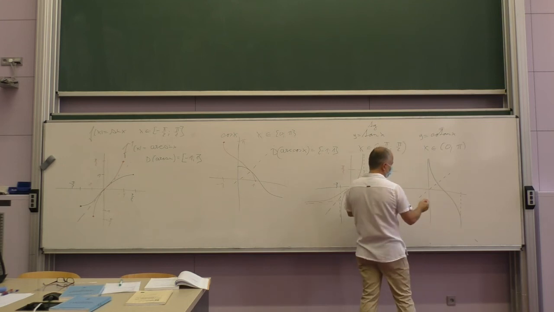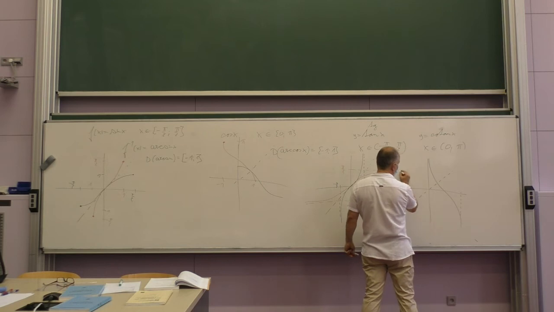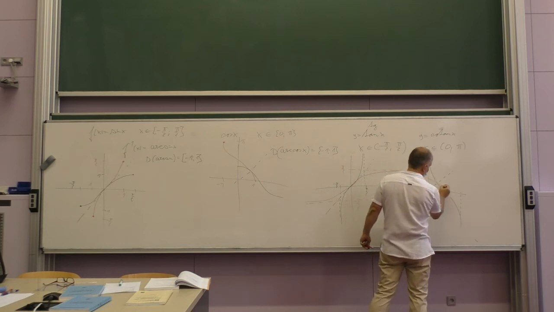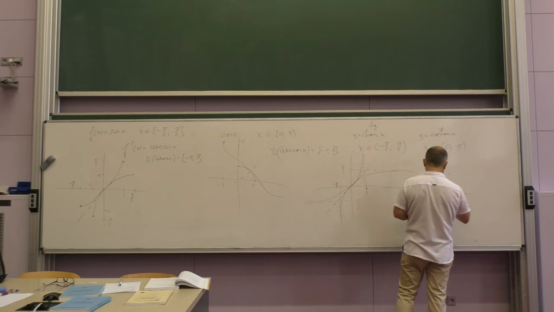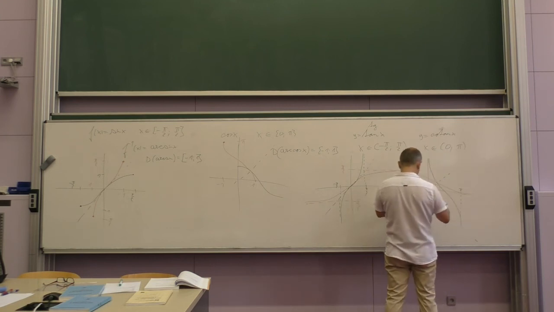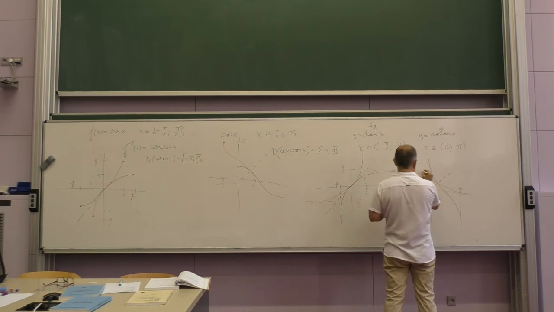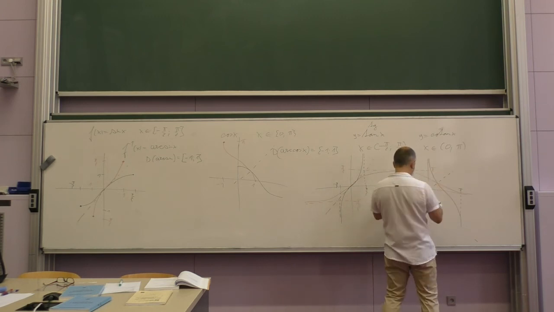And when we rotate this graph with respect to the diagonal, we get this graph. And as the asymptote was for 0 and pi, the graph of the inverse has asymptotes again at 0 and pi.